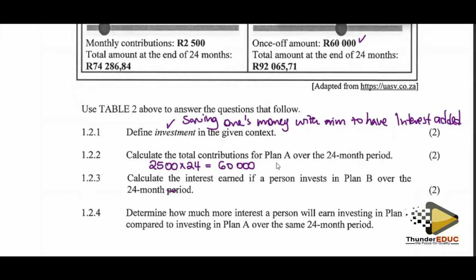So what we're going to do, we shall get the money the person will get at the end, which is 92,065 rand 71 cents minus the money they invested. Simple mathematics will tell us that we end up having 32,065 rands and 71 cents. This is the interest over a period of 24 months. In other words, a period of 2 months. Sorry, 2 years, not 2 months.